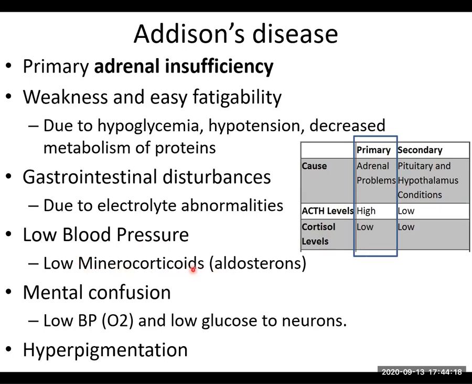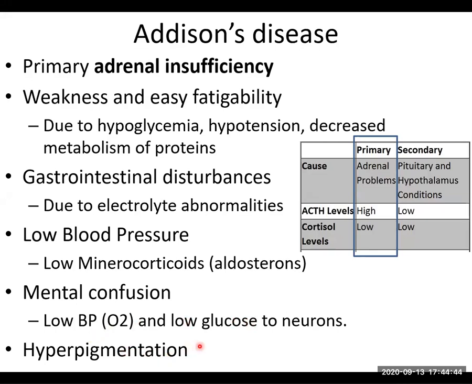It doesn't reabsorb enough sodium, so low fluid, low CO, low blood pressure. Mental confusion is due to the low glucose. Low blood pressure can also cause that. Low glucose in the brain, for the brain to use, and hyperpigmentation.